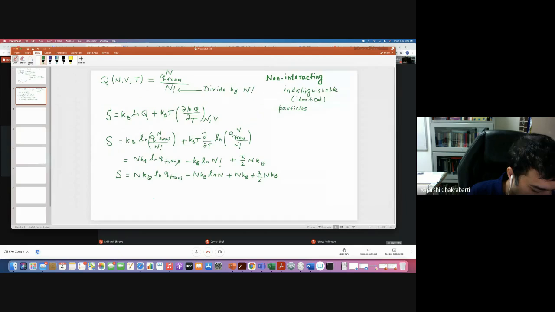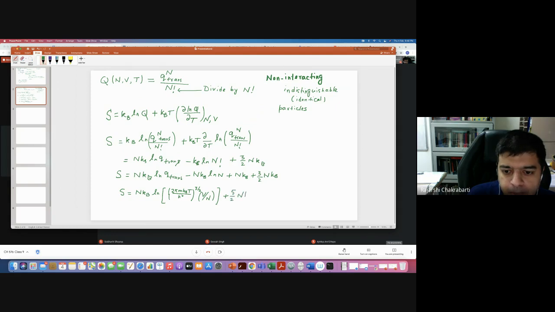Okay. Now again, I can just rearrange this. If I rearrange this, first let me write down N kB ln, you know what this is, to V, but then you have minus ln N, so it is V by N, no? This is the expression I'm going to use.